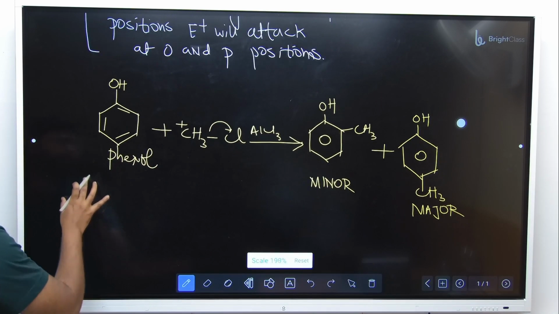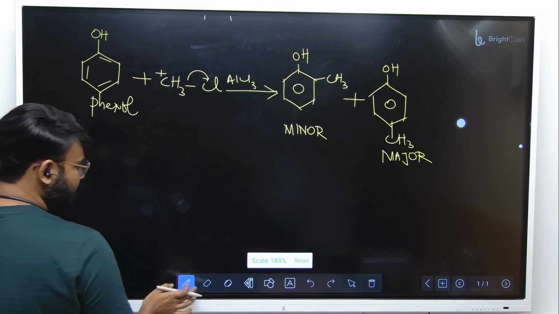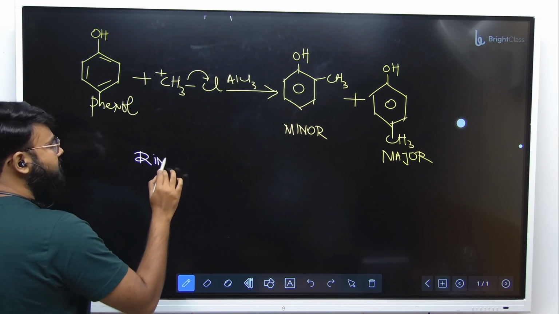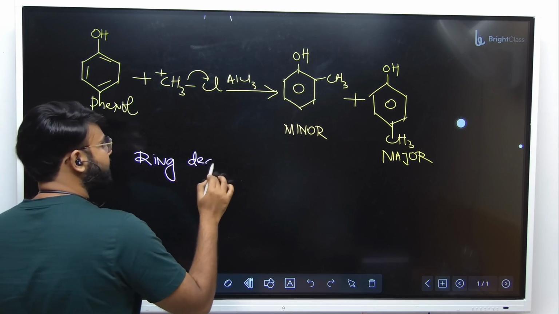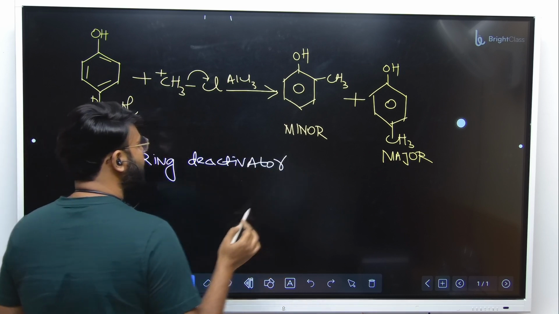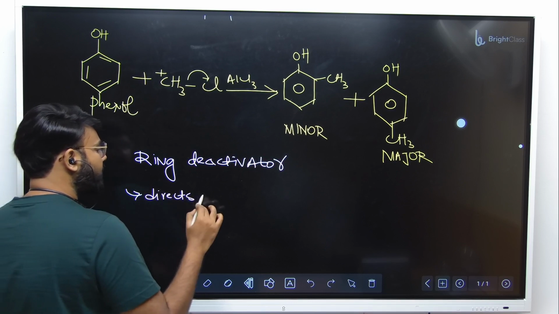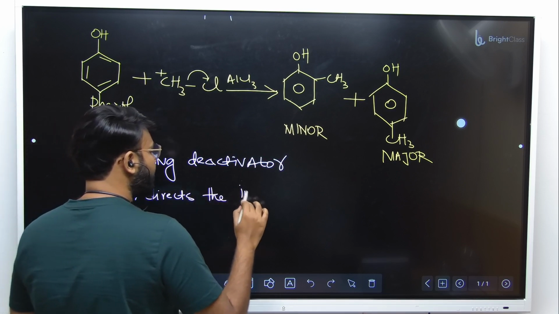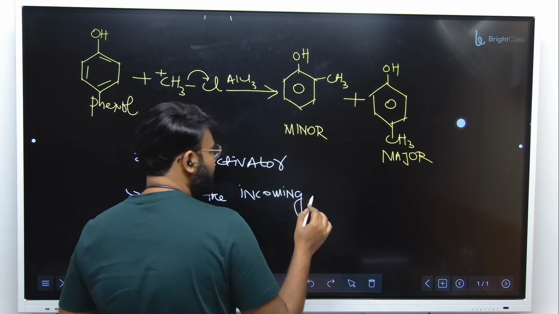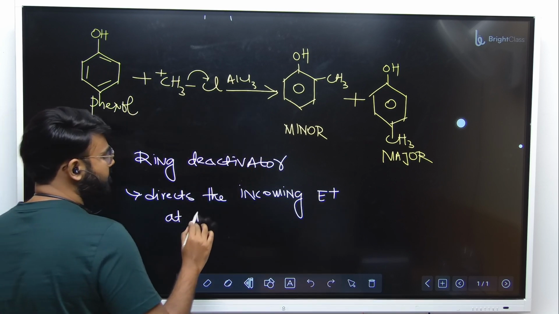Now give the new headline. After we discussed, write down ring deactivator. They direct the incoming electrophile at the meta position.